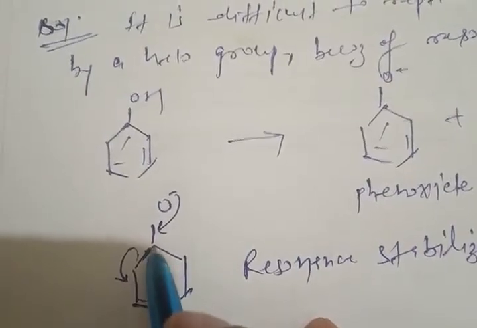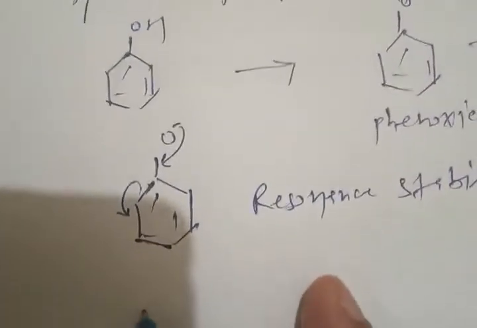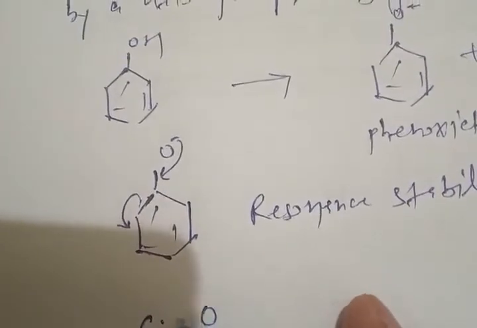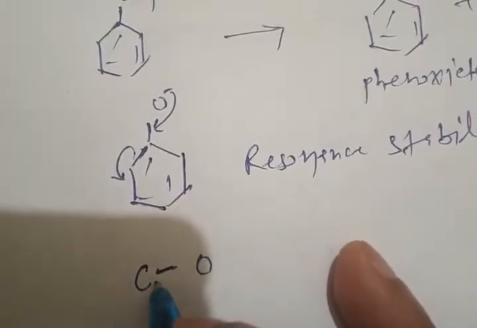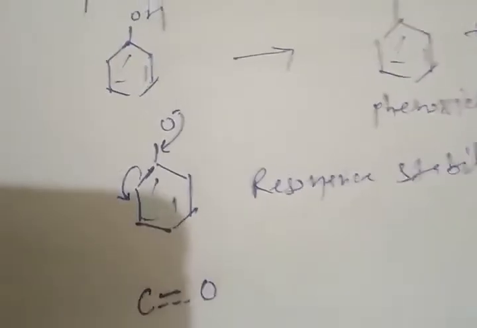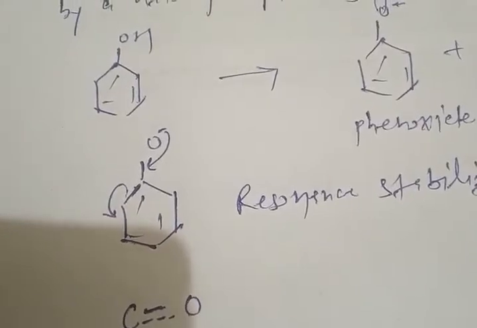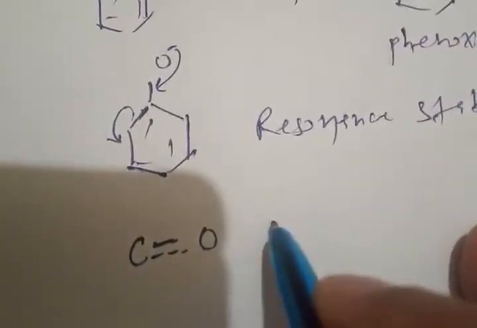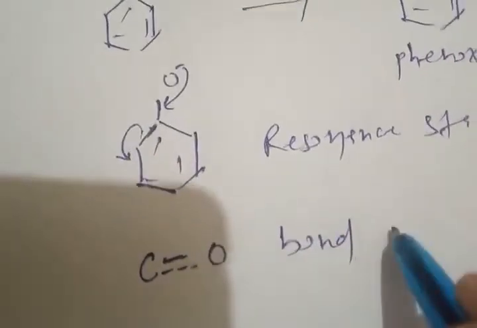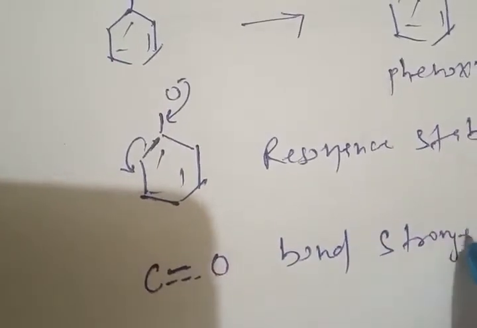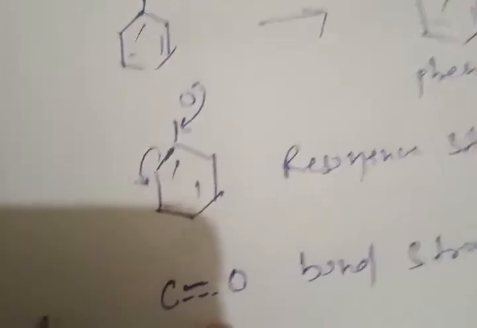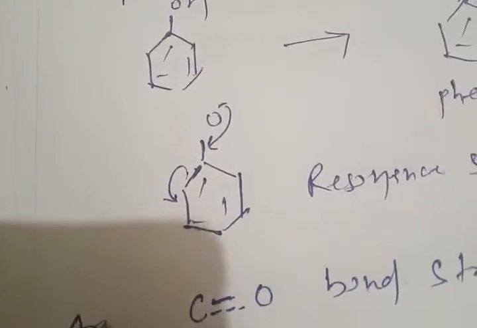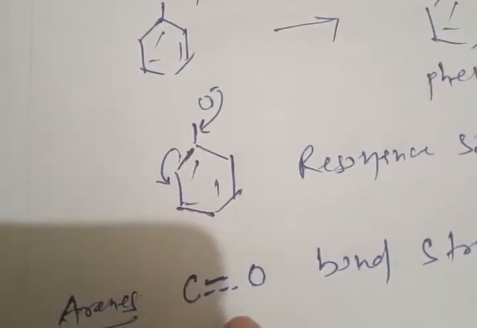As you can see, since it is resonance stabilized, there is a partial double bond character generated here between carbon and oxygen, and this partial double bond character makes this bond stronger in arenes.